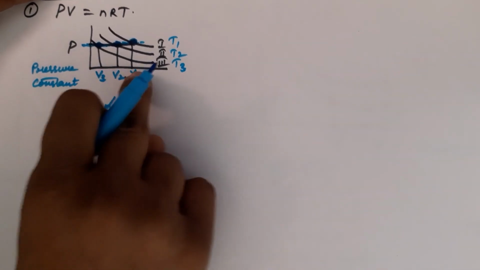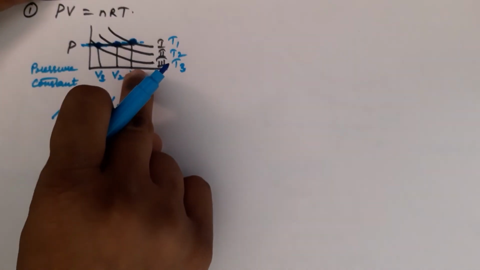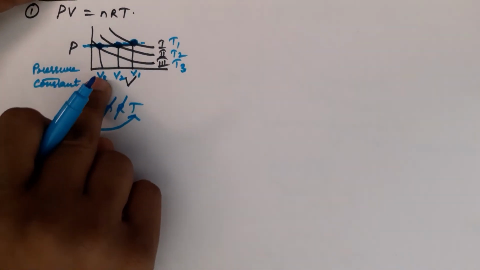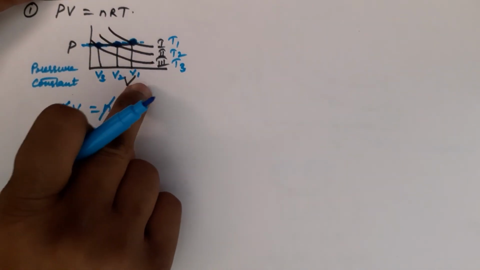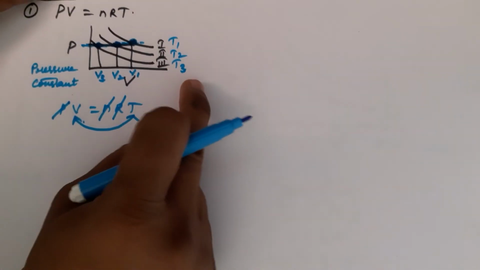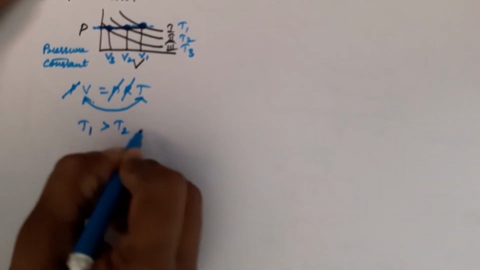From 0 up to V1 is more, and V3 is low. V1 is more means T1 is more. V3 is less means T3 is less. Then what is the correct order for this graph, students? T1 is greater than T2, which is greater than T3. This is the relation for this graph.